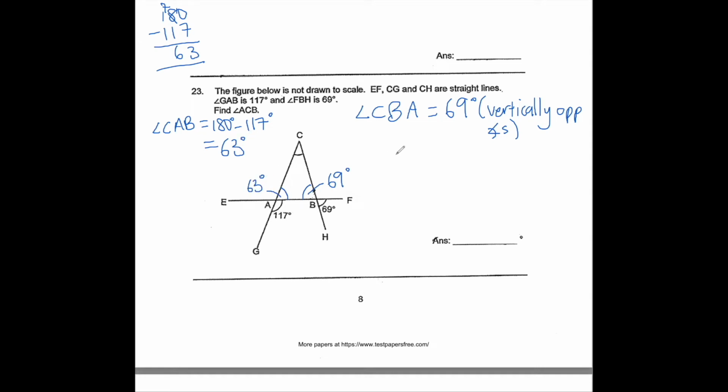So in order to find angle ACB, we just need to take the total of a triangle, 180, minus 63, minus 69 degrees. Okay, 180 minus 63 will just give you 117. Okay, because it's just like this. So from 117 we minus away 69.